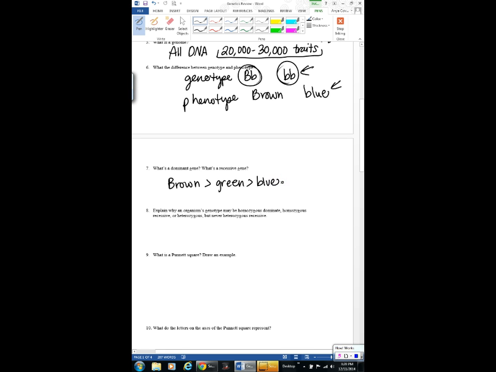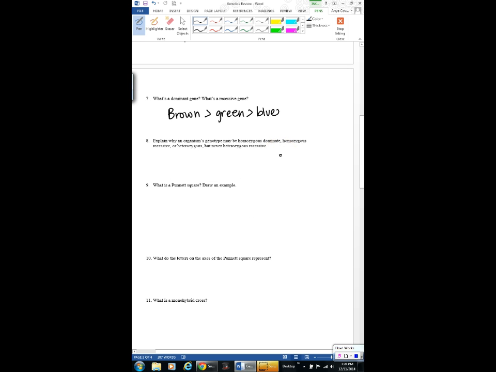Okay, but I think if you have 2 blue recessive genes, it becomes dominant over brown, or it talks about it in our book. I think 2 recessive blue equals dominance over brown.